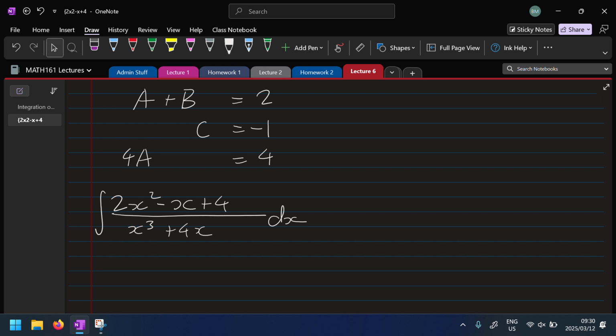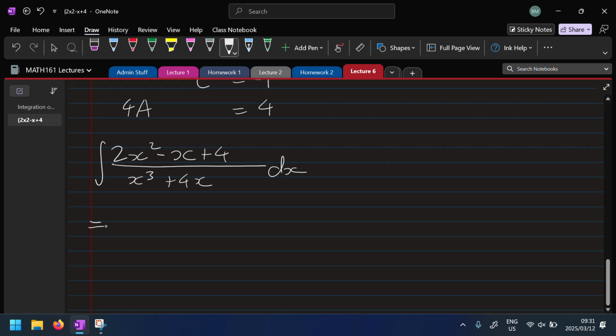This will be equal to the integral of 1 over x plus x minus 1, the second term that we had, over x squared plus 4, since we know a, b, and c and can just substitute.